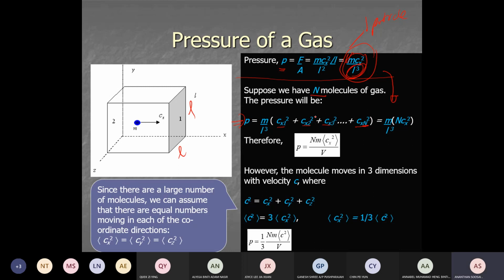But I forgot to tell you, you see, the symbol has been changed. This velocity is called mean square speed.